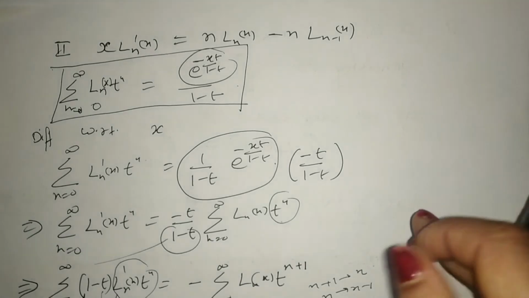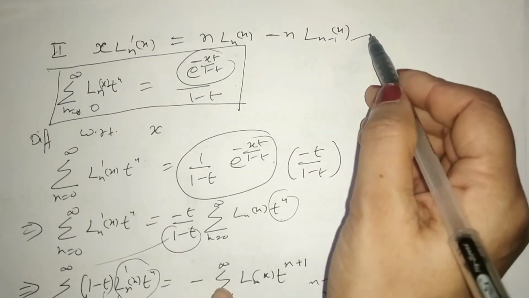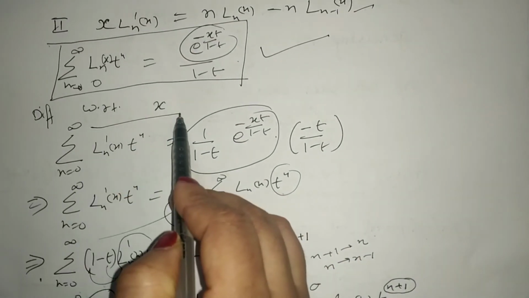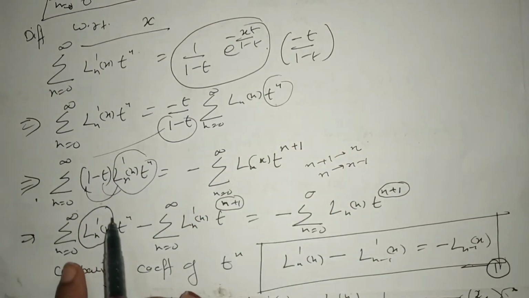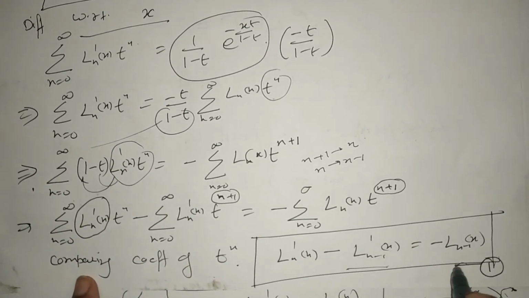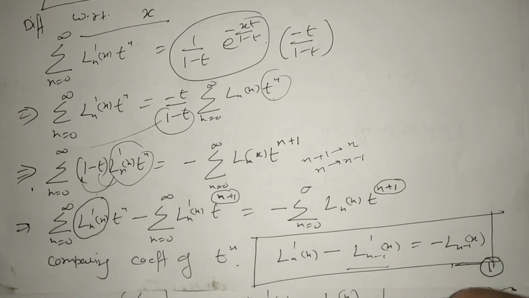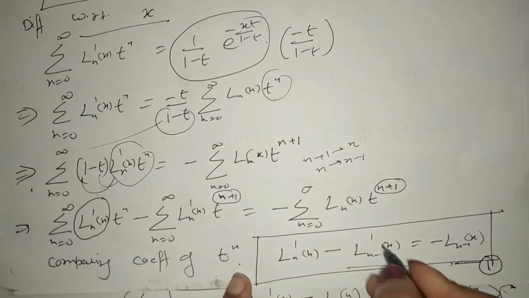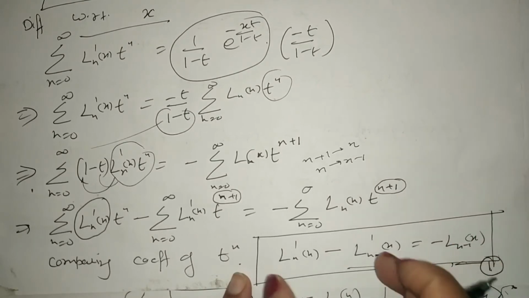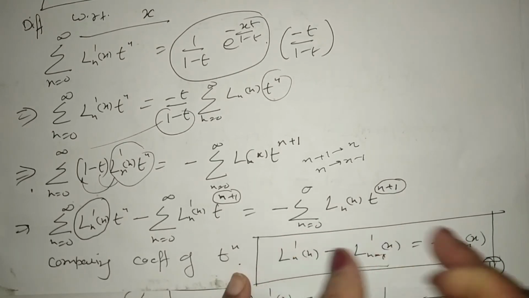Now quickly revising what we have done for the second recurrence relation: we write the generating formula, differentiate it with respect to x, and then compare the coefficient of t raised to power n on both sides. We get this, we name it as number 1. We just rewrite number 1. We take this term on one side and the other two terms on the other side.